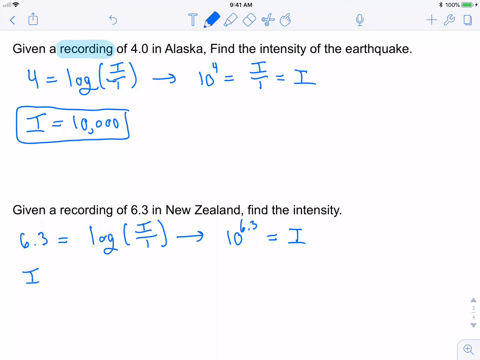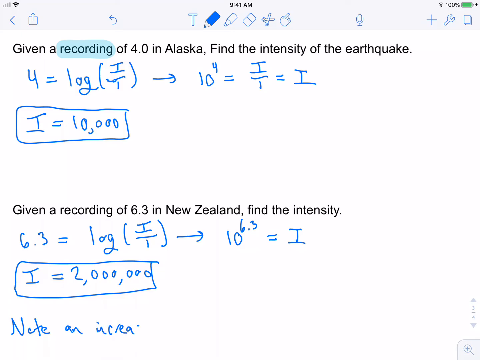And with the calculator, we find that 10 to the power 6.3 is very, very close to 2 million. So when we increase by about 2 on the Richter scale, we jump up a lot in the intensity of the earthquake.